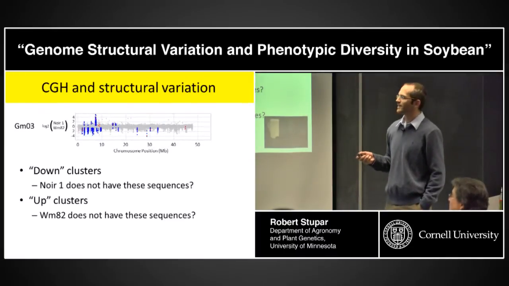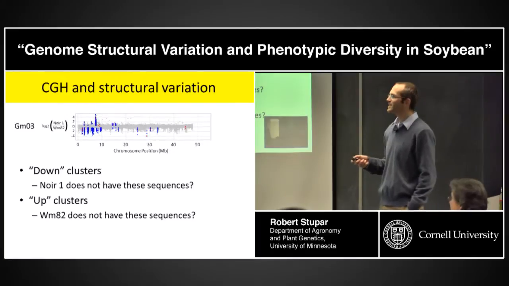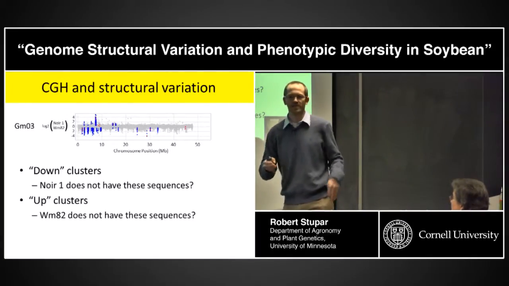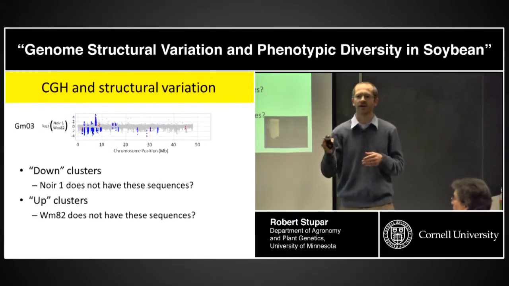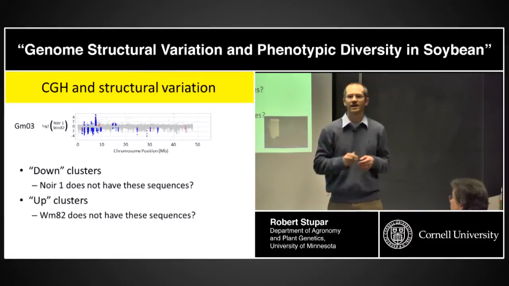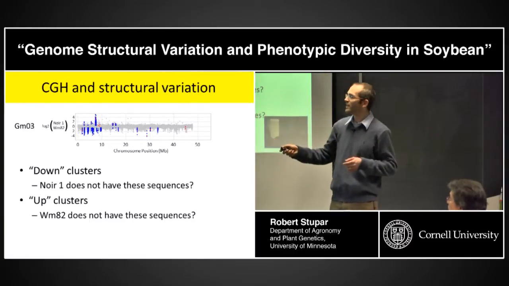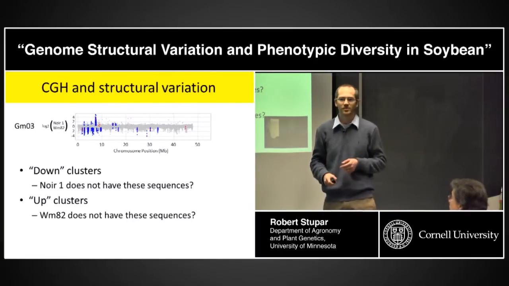You can read Hahn et al. 2011 if you're really interested in learning more. Basically, there's heterogeneity between certain lines of Williams-82, so any given line of Williams-82 that you hybridize will either have or not have certain features in this front part of chromosome 3, the top half of chromosome 3.